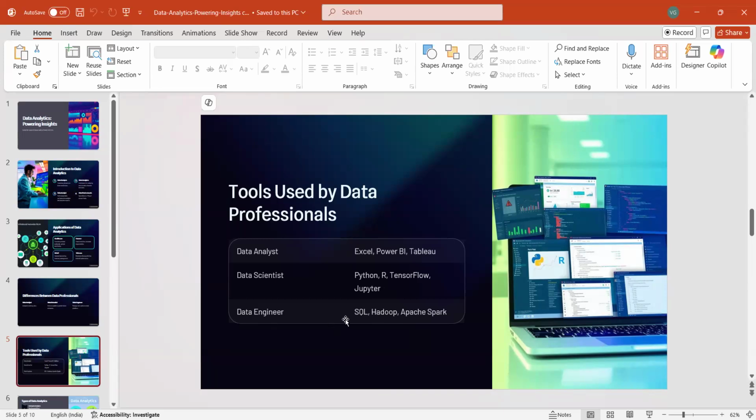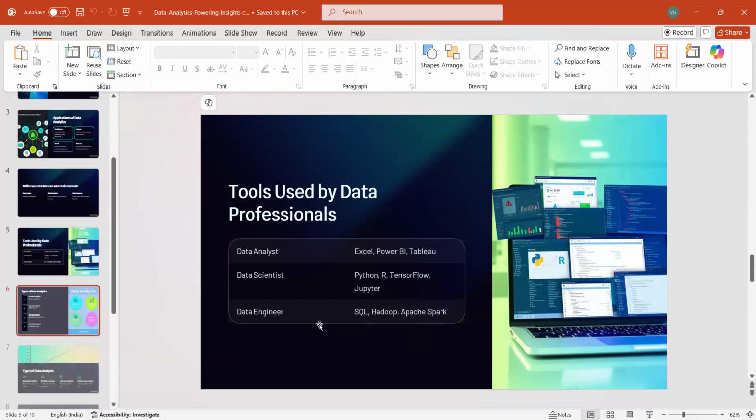The data engineer will be working completely in data warehouses, where he will understand how the flow of data goes into the data warehouse, right? And there are different data warehouse systems like Hadoop, Apache Spark, SQL, and Snowflake, which will be handled by the data engineer, right?